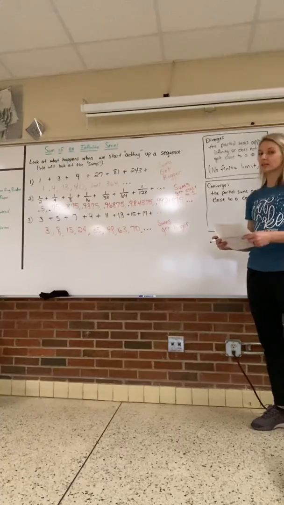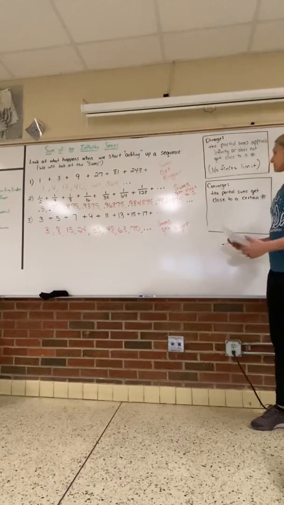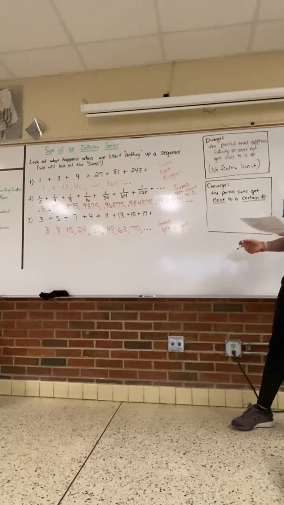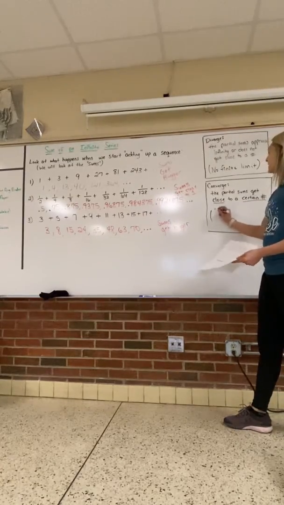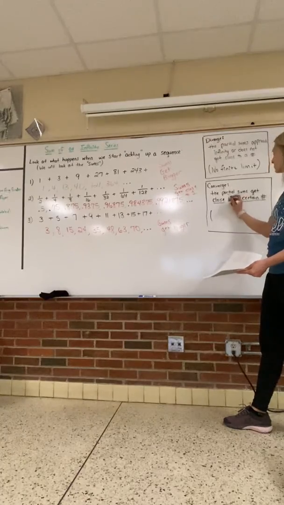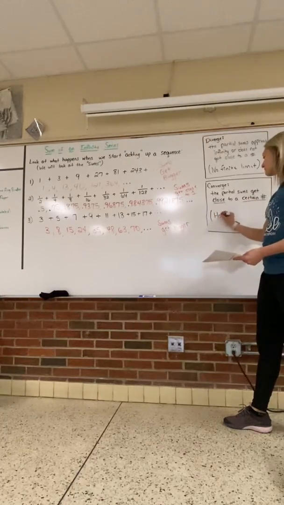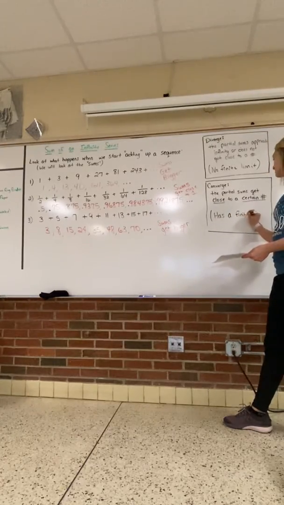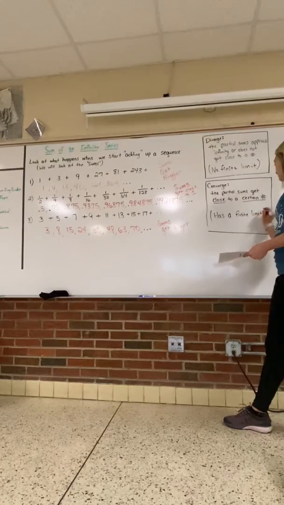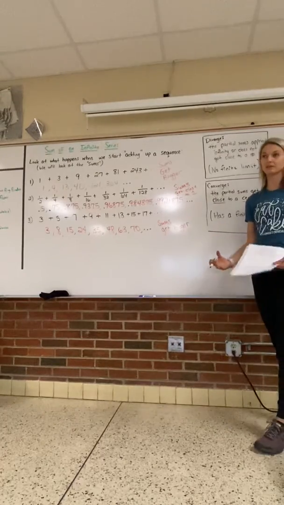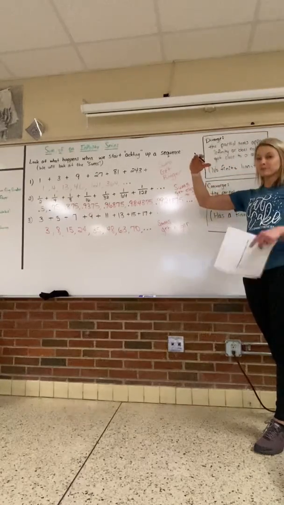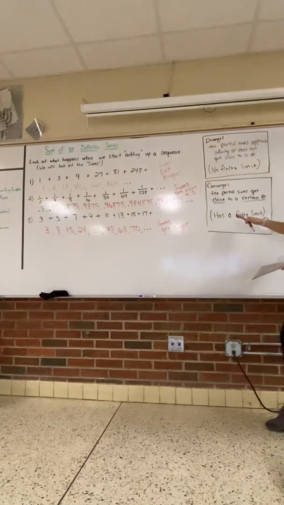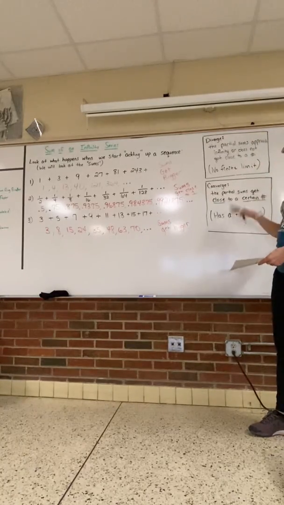Which is a very strange concept, but that's what it means to converge. It's going to get really close to a certain number, but it'll never actually get there. And so with these, they would say that these sequences, when you start adding them up, have a finite limit. So this has a finite limit because there is a limit to it, kind of like the speed limit. You've got a limit, and technically you're not supposed to pass that limit, okay? So that's the difference between converge and diverge.